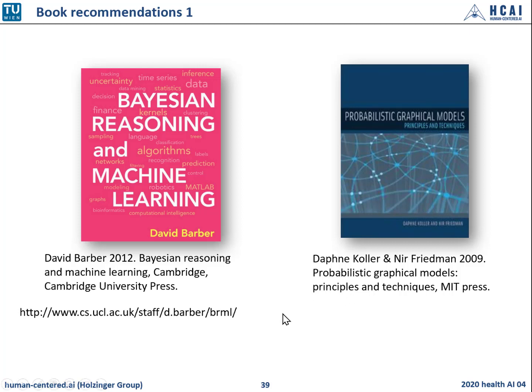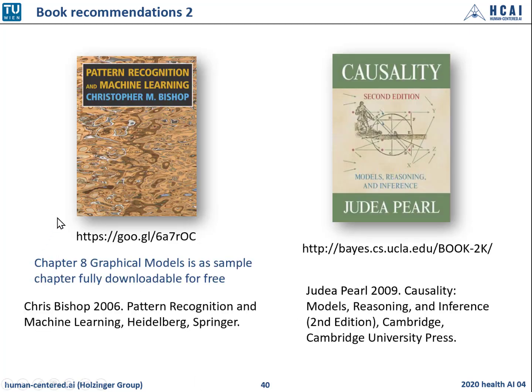These probabilistic graphical models discuss a variety of models, spanning Bayesian networks, undirected Markov networks, discrete and continuous models, and so on. Another book recommendation would be Chris Bishop from Microsoft Research Cambridge: Pattern Recognition and Machine Learning. Chapter 8 you can download for free because it is a sample chapter, and it's highly recommended.